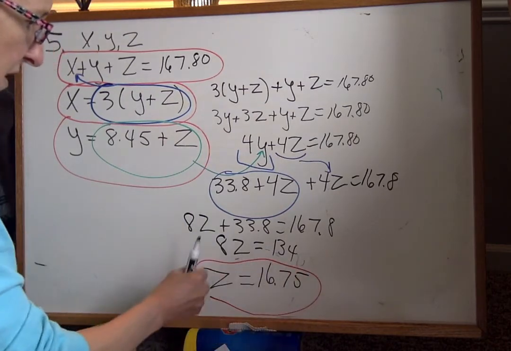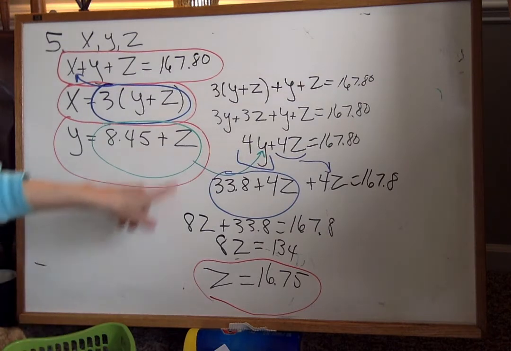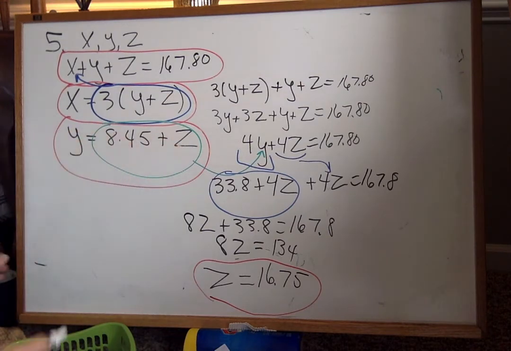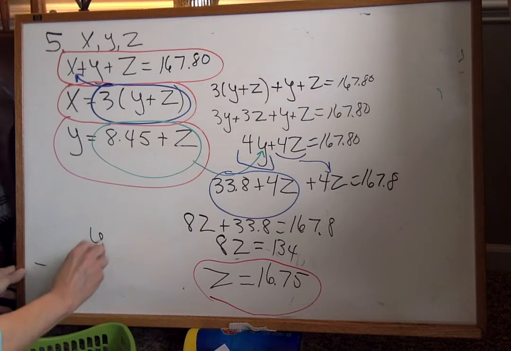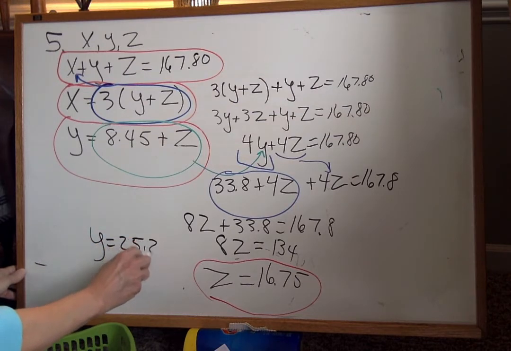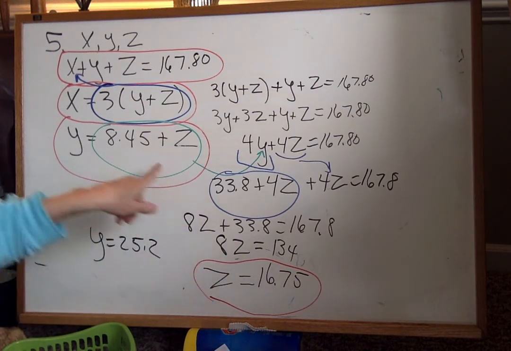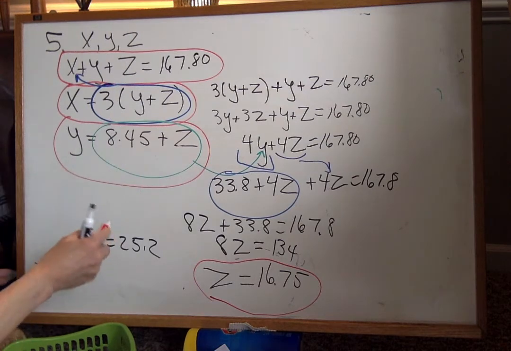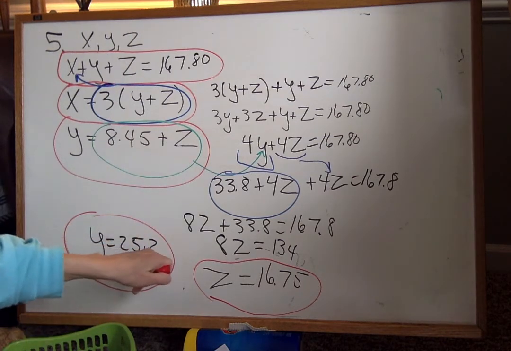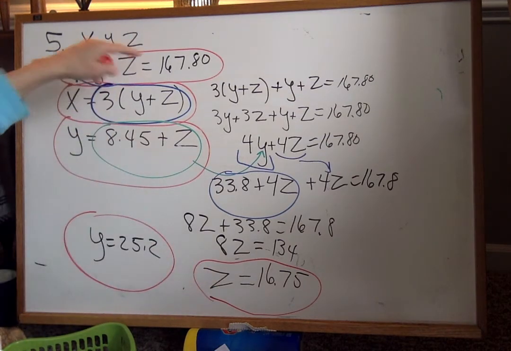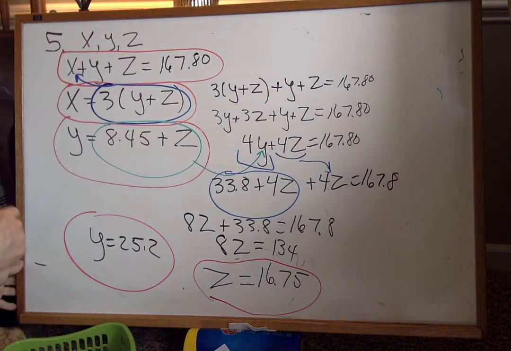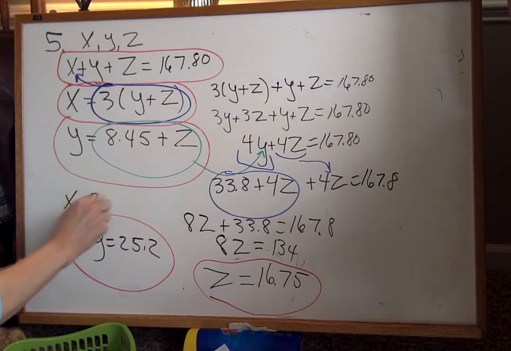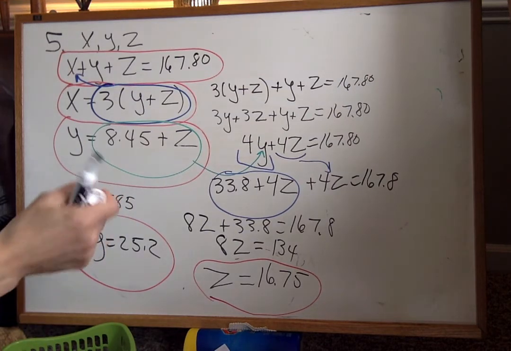So I got my z. And now you can plug it back in to get your y. You just put the 16.75 right back in here. And then you could put both of those in here to then solve for your x. X is 125.85.